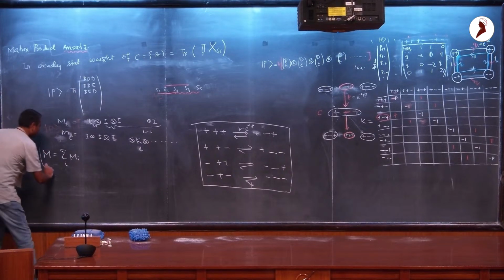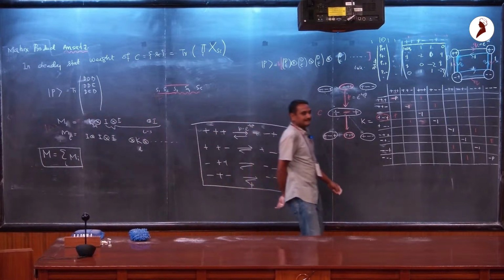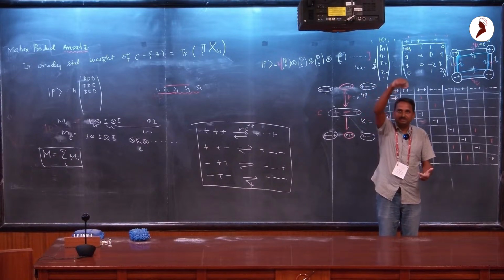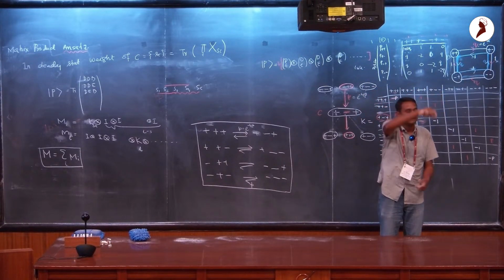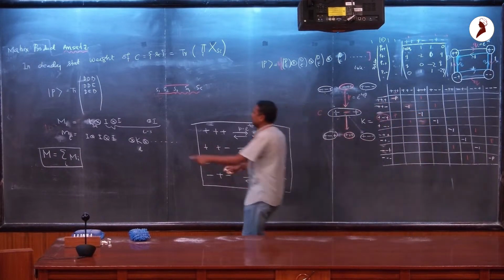So now you can ask questions, and if you are not convinced, we will do it again. So this M matrix contains all the spin flips: spin flip here, spin flip here, spin flip here, like that. What does M do?